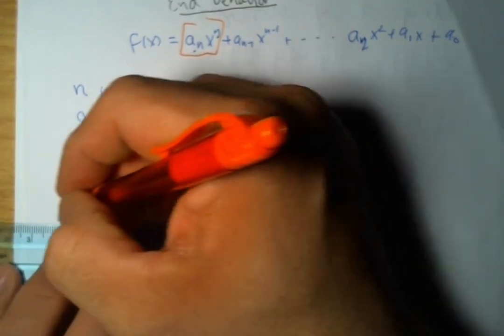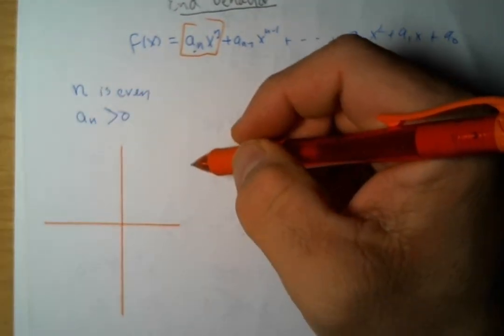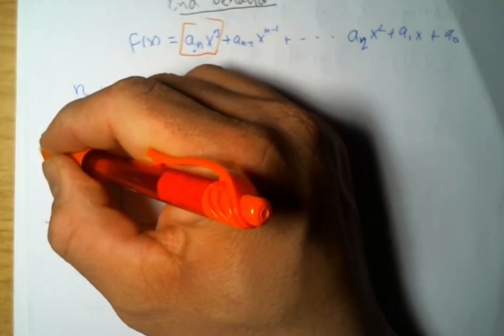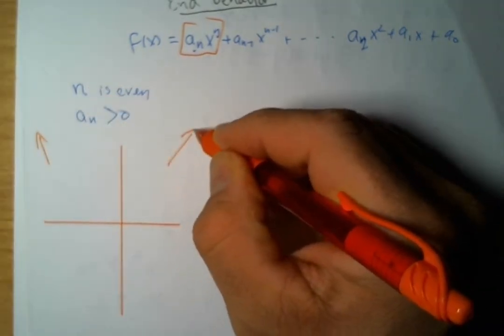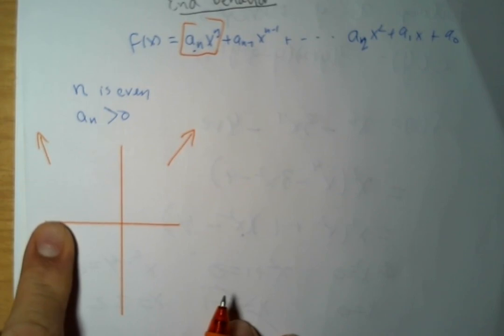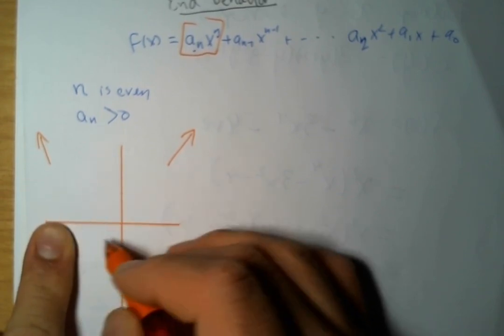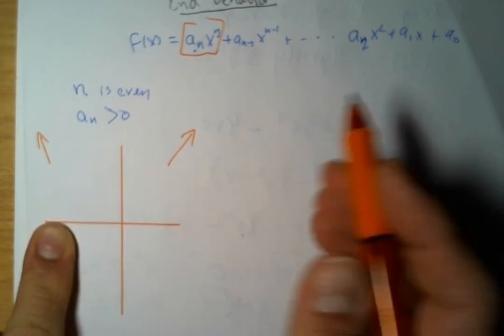Right, so when we have something like this, the behavior of the graph, and again, just the end behavior, looks something like this. Now, there may be some interesting behavior in the local sense around here, but I'm not too concerned about that.